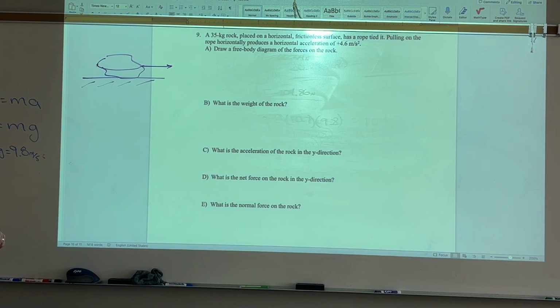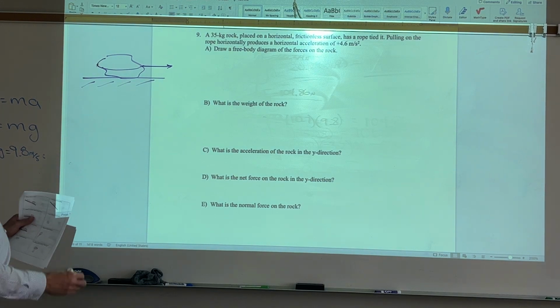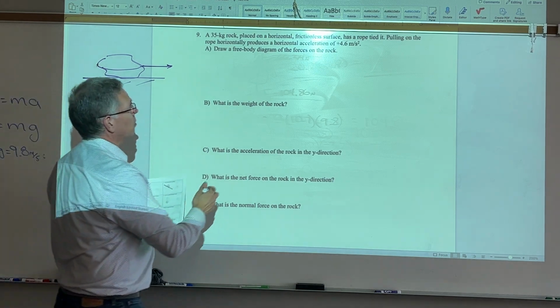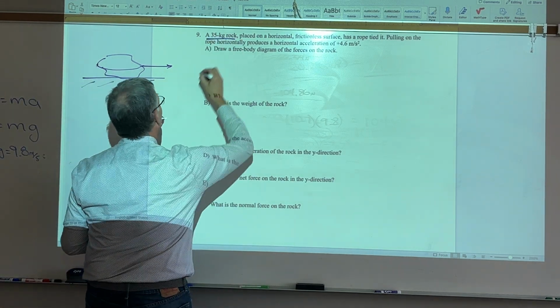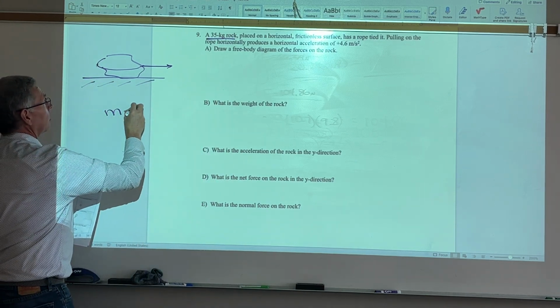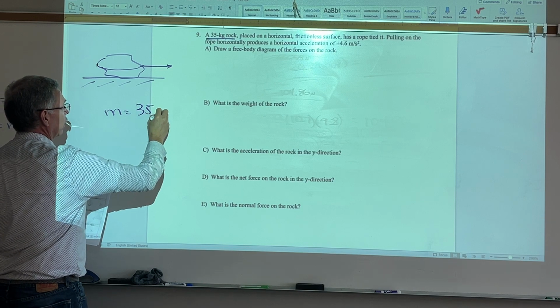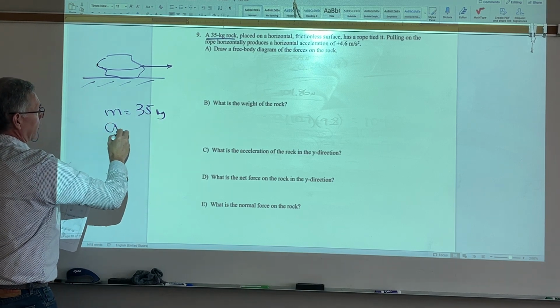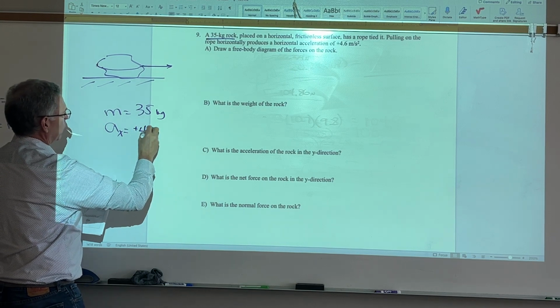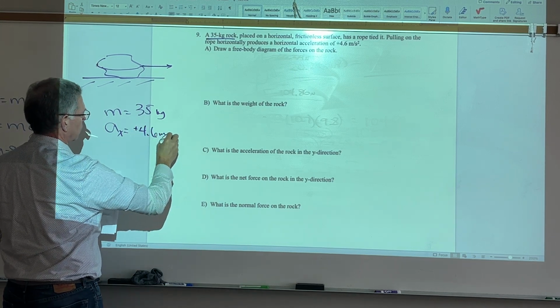Pulling it horizontally produces a horizontal acceleration of 4.6 meters per second squared. So we know the mass here, 35 kilograms. We know the acceleration in the x direction is a positive 4.6 meters per second squared.